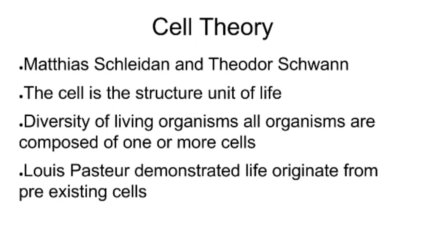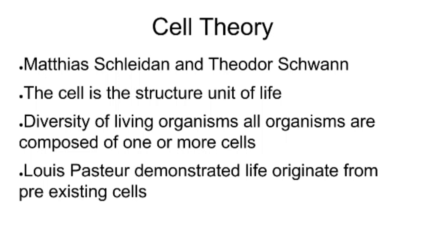Next is cell theory. That is very important when we discuss the cell theory. That was propounded by German biologists Matthias Schleiden and Theodor Schwann. So they have given the cell theory, which is like all organisms are made up of cells, that is the bodies of living organisms are made up of cells and their products.